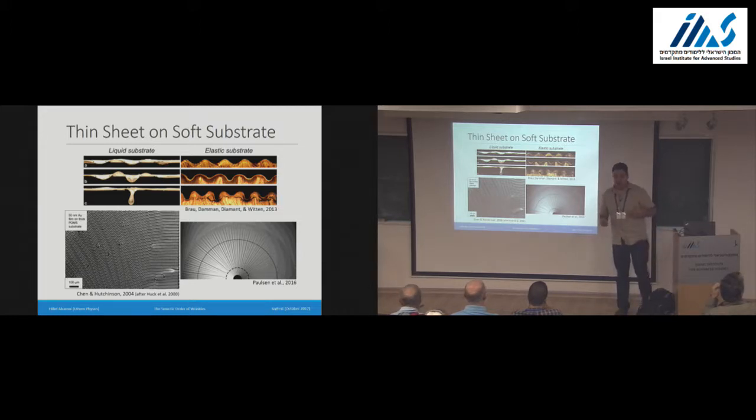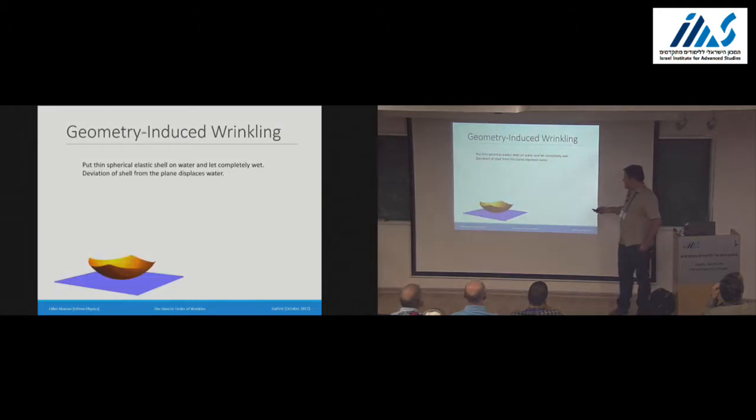Now, we don't really need external forcing or special boundary conditions to create those wrinkles. They can emerge spontaneously as a result of geometric incompatibility. So imagine a non-flat, let's say spherical, shell. We put it on water, which is flat, like a flat bath, and then one lets water wet the entire bottom surface of the sheet.